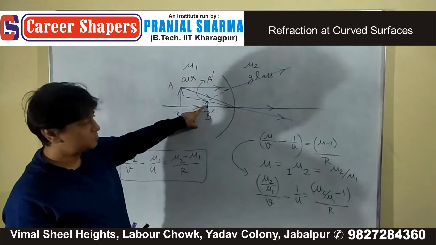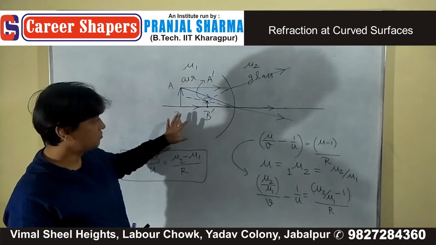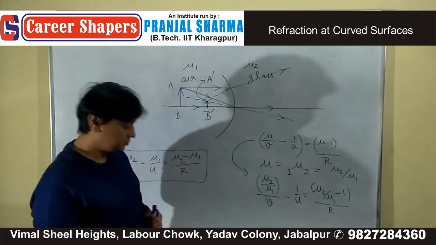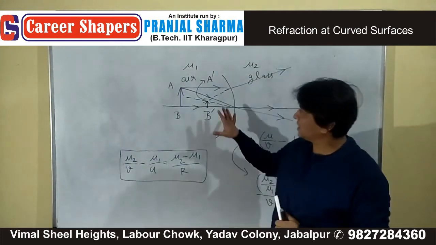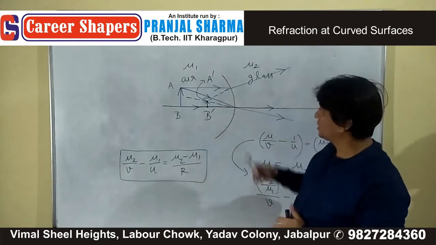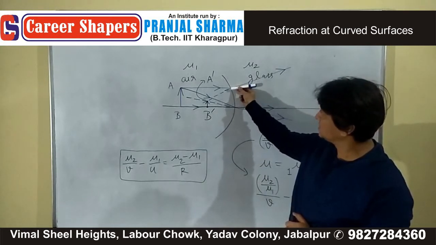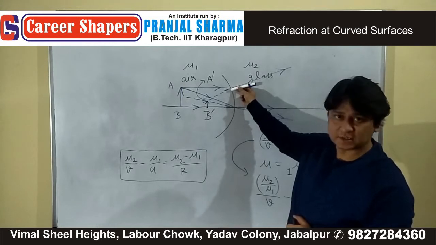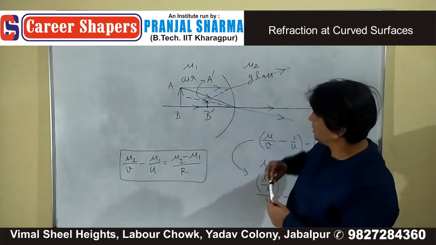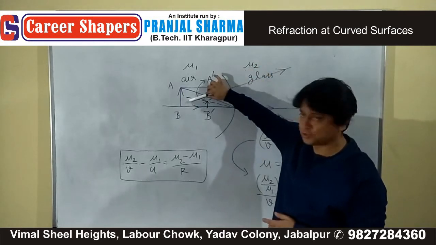For this image A dash B dash, we need to find the magnification formula for object and image. Now, in this ray diagram, if I do not take my refracted ray like this, instead somewhat like this, with a little less deflection, then the intersection will take place somewhere here.